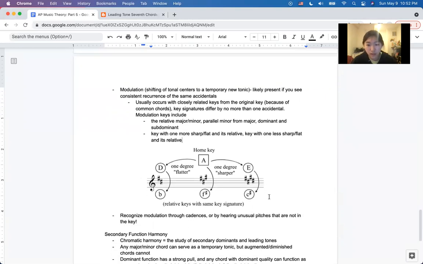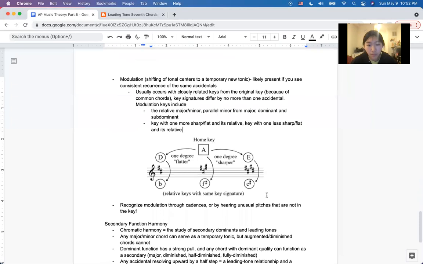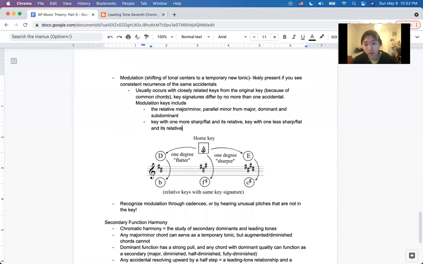So here is a visual that might be helpful for you. It just shows that if the home key or the original key we're talking about here is A, then the closely related keys to A would be D, since it's one degree flatter, you would say, and it's also only one accidental less. And you also have E, which is one accidental more.